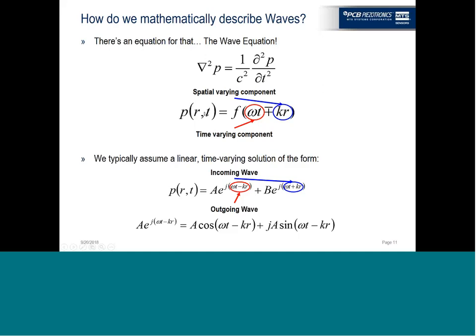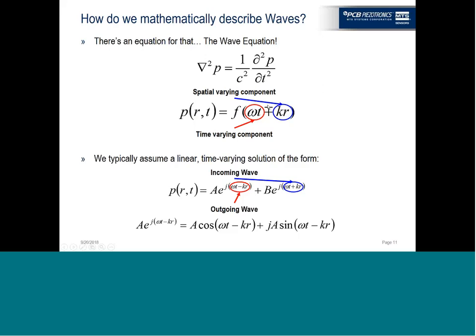But in the end, the function p of r, t is any function where you have omega t, where omega is your rotary frequency in radians per second, minus or plus, and I'll get into why it's specifically that in a second, k, which is the wave number, times r.